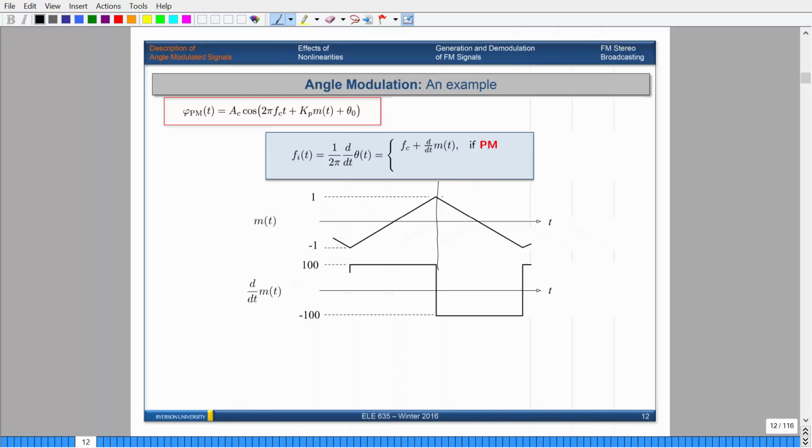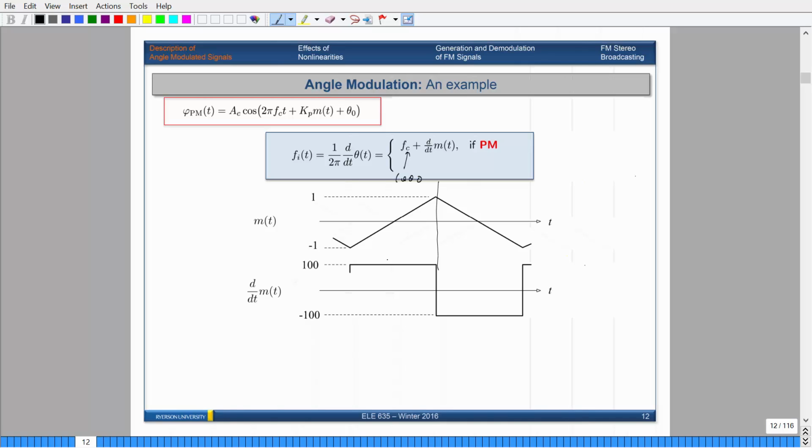Remember, the derivative of a triangular wave will be a square wave, if you remember from electronics. So this would mean that in between each change in the slope, the frequency is going to change as well. Remember, the carrier frequency here is 1,000 hertz.